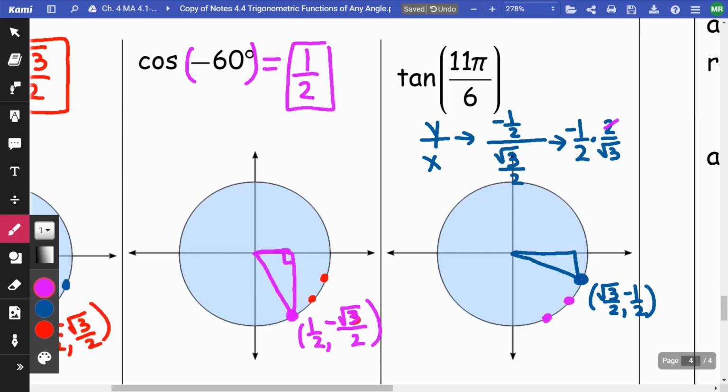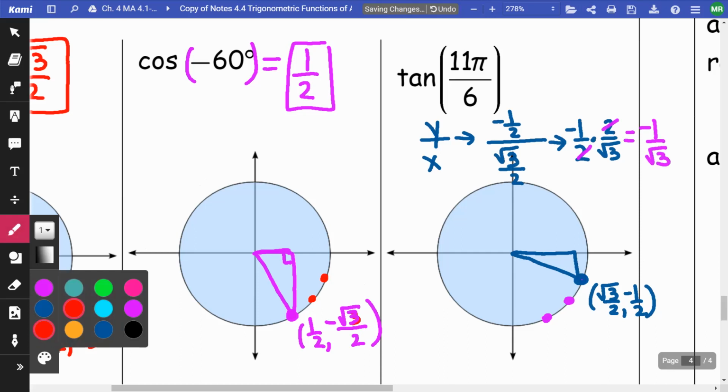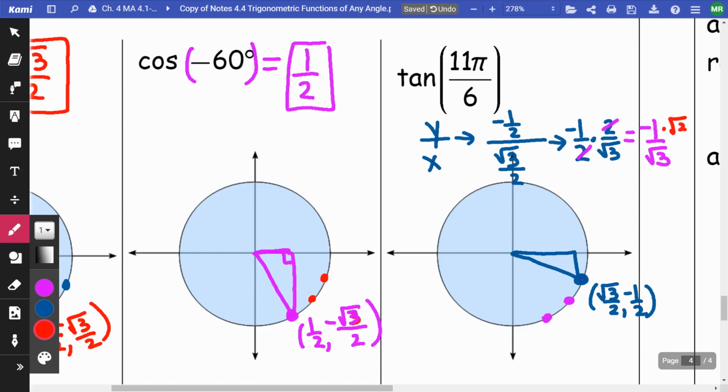My 2's are going to cancel out. I end up with a negative 1 over root 3, but remember, we need to rationalize. So we're going to multiply the top by root 3 and the bottom by root 3. When I multiply the top by root 3, I get a negative root 3. When I multiply the bottom by root 3, I get 3. And that's my answer.